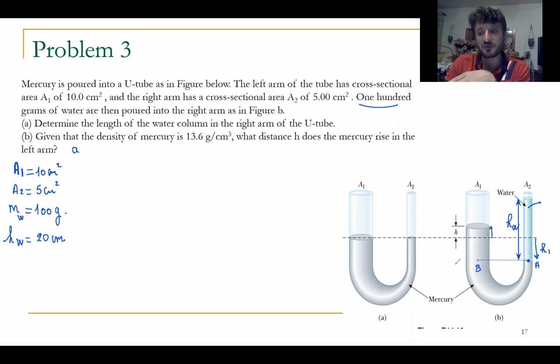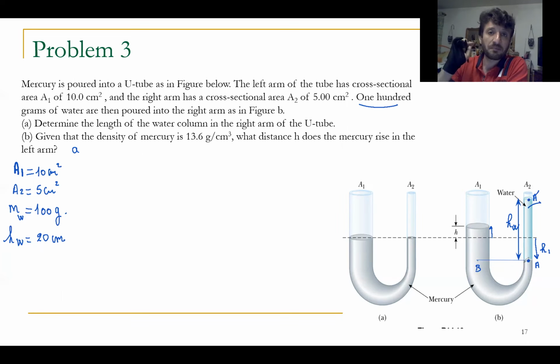Like in this case, we can take PA equals PB, and between the point A and the point A prime, we can apply the famous hydrostatic relation, P low equals P above plus rho g h. Okay, so now I want to calculate small h. I repeat, as we have a hydrostatic state, we take 2 points.